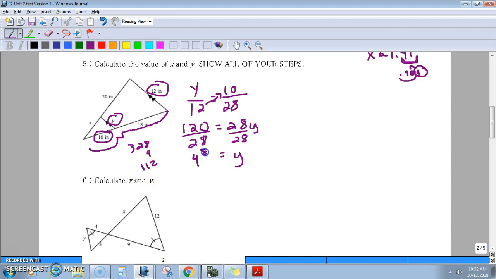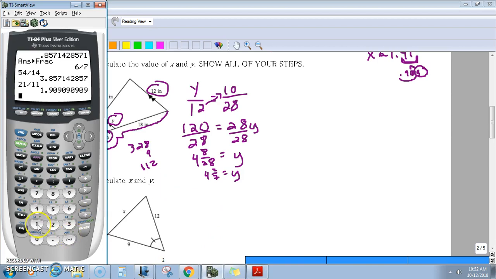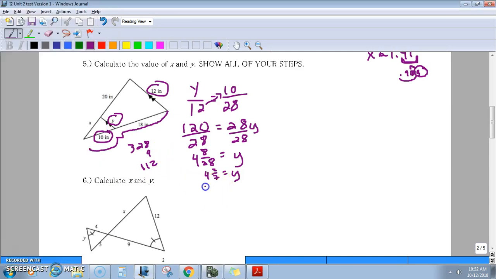So 4 and 8 28ths, which reduces down, each is divisible by 4, to 4 and 2 sevenths equals y. If you put it into the calculator, 120 divided by 28, 4.285, so I'm just going to make that 4.29 approximately because we rounded.